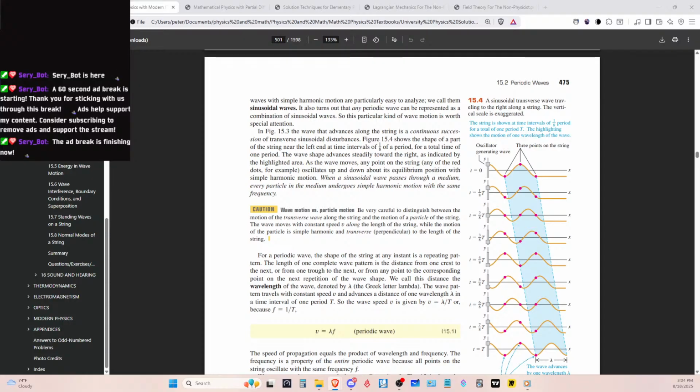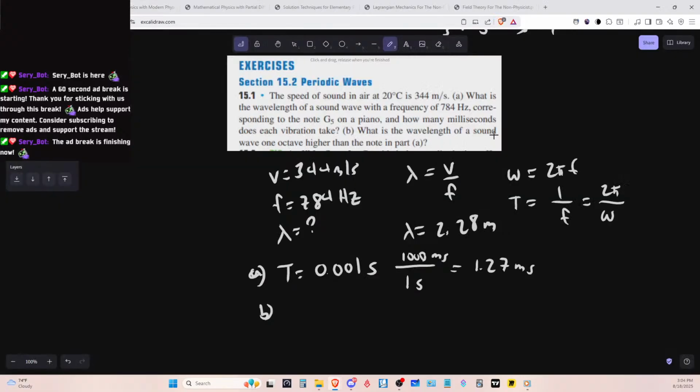The interval between two musical notes, where the higher note has twice the frequency of the lower note. So, based on our question, it says, what is the wavelength of the sound one octave higher than the note in part A?